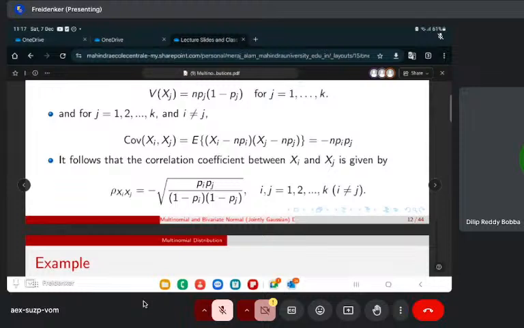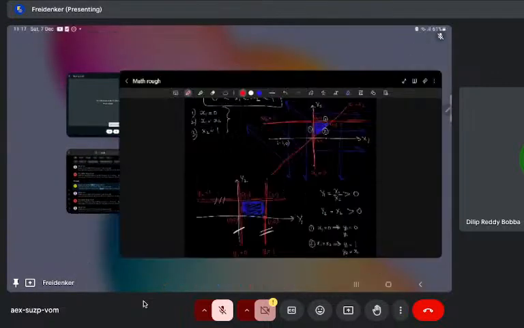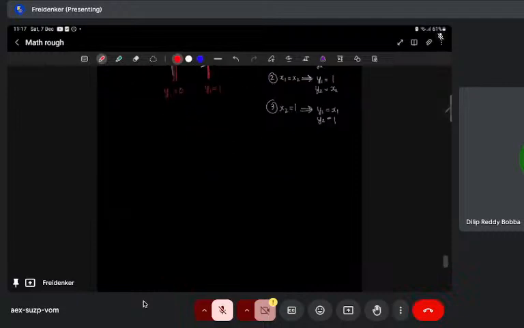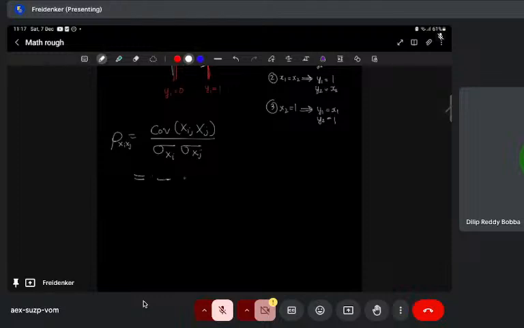That is fine. You don't have to memorize this, because the correlation of Xi, Xj is nothing but the covariance of Xi, Xj divided by the standard deviation of Xi times the standard deviation of Xj. We just saw that covariance is n pi pj. Standard deviation is nothing but the square root of the variance, right?